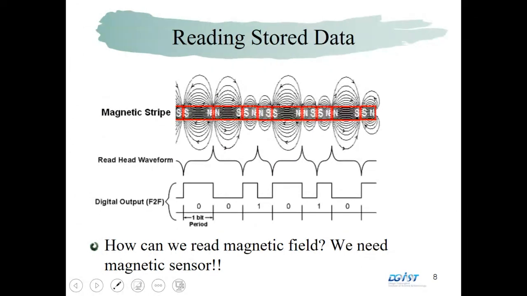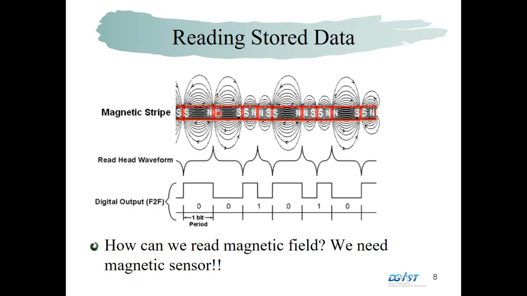How can we store and read the data? For example, in a magnetic tape, this is kind of a tape, and on the tape we painted very small magnetic particles, and we aligned the magnetization direction of the particles in this shape, N to S, N to N. So in the N to N case, there is a huge stray field.